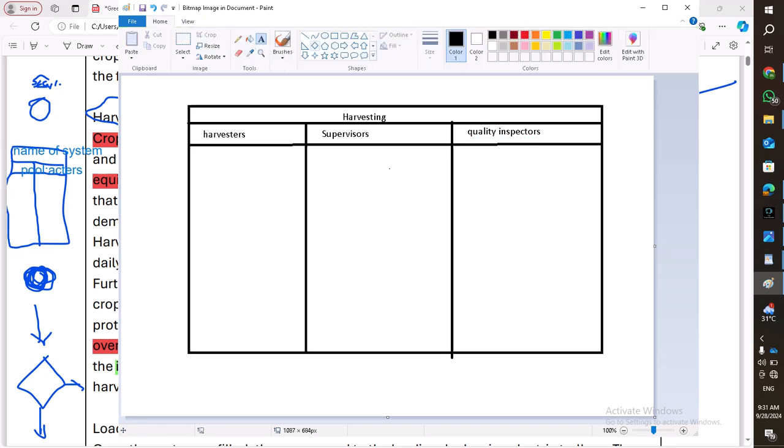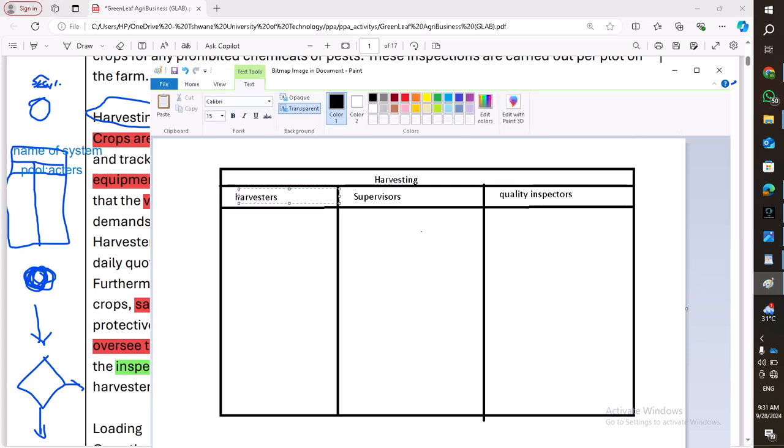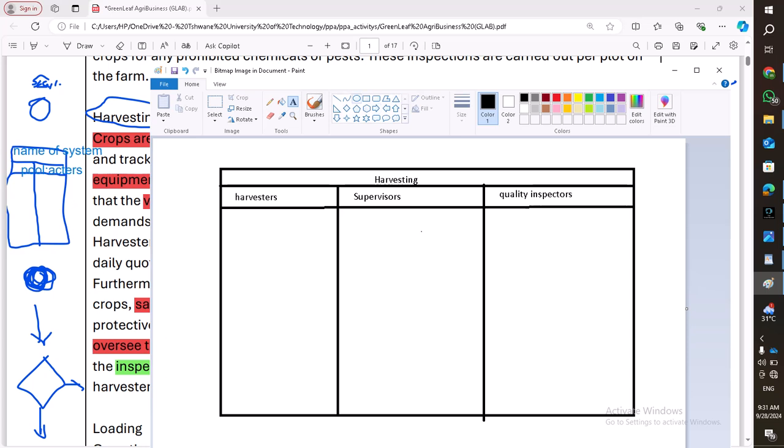Now I'm studying who triggers the system first: the one on my left-hand side, which is the harvester. So who triggers the system? This person triggers the system.